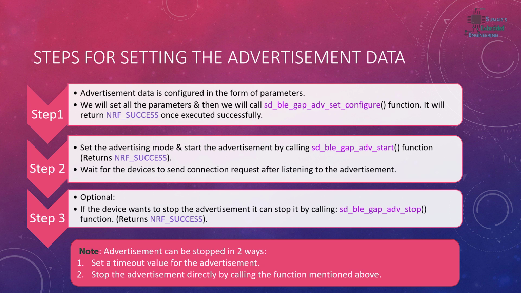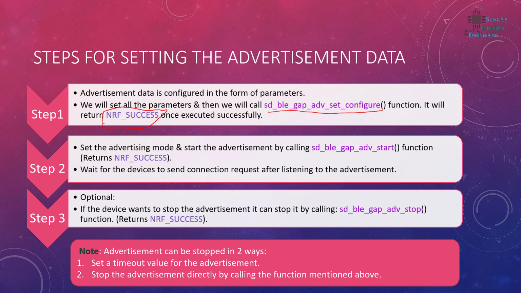But first we need to see the general steps for programming the advertisement. The first step is to call this function after we have finished configuring all the parameters present in the structure. Once we have configured them, we call this configuration function, and once it gives us the value NRF_SUCCESS, it means our configuration has been successfully done.